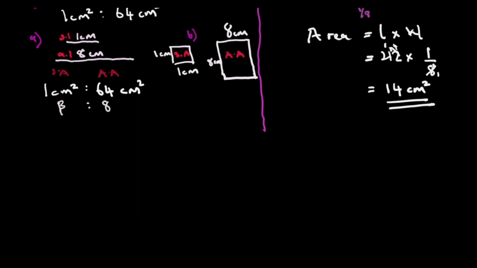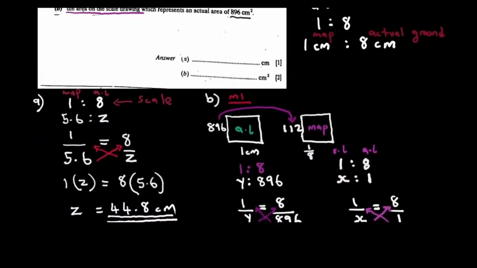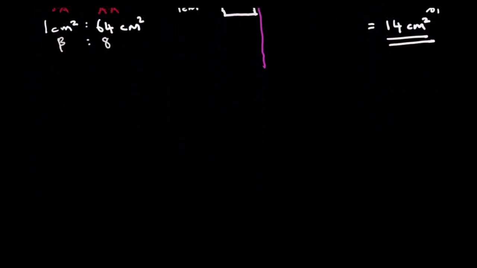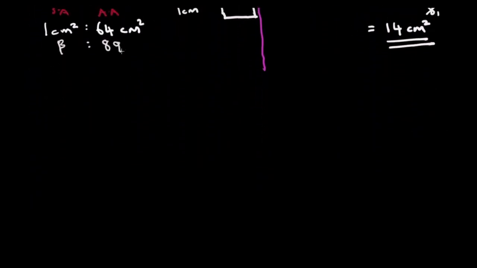Forgive my memory. 896 square centimeters on the actual ground is represented by what area on our map? 1 over beta is equal to 64 over 896.